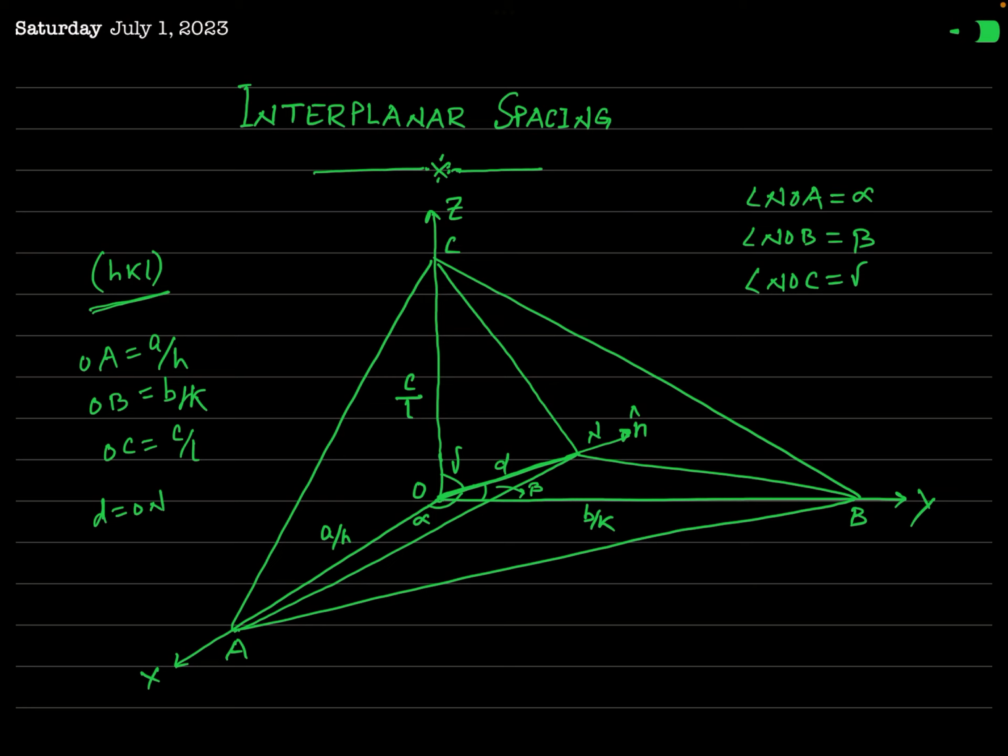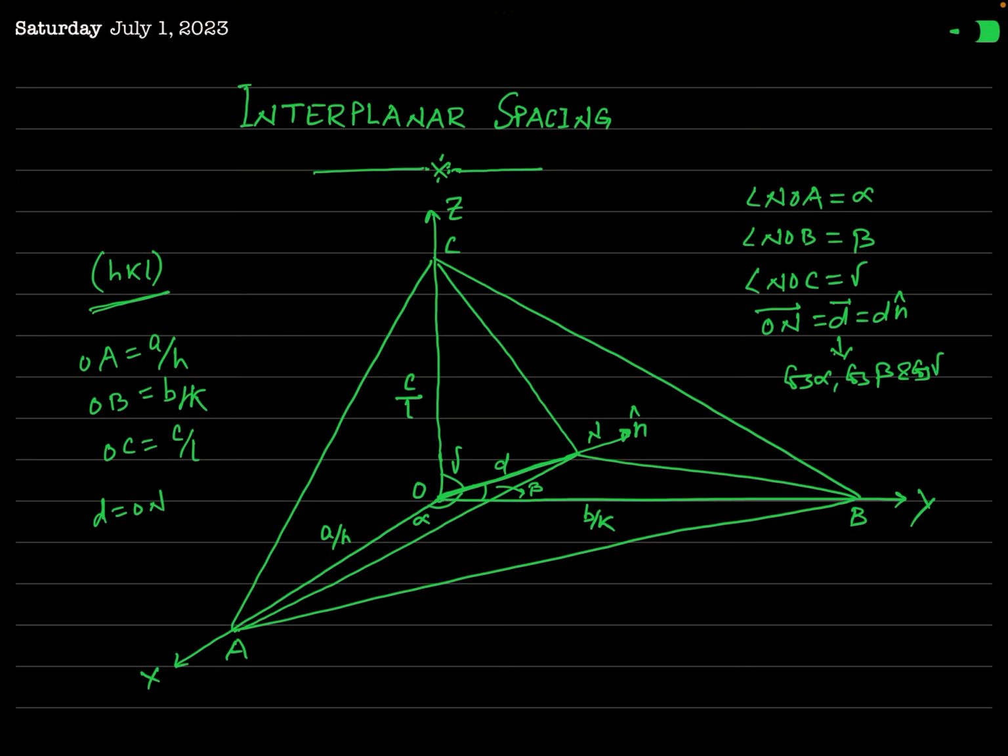So in this condition, the direction cosines of the vector ON, which is equal to vector d, or you can write it as d times n hat, where n hat is a unit vector in the direction of this perpendicular, will be cos alpha, cos beta and cos gamma.